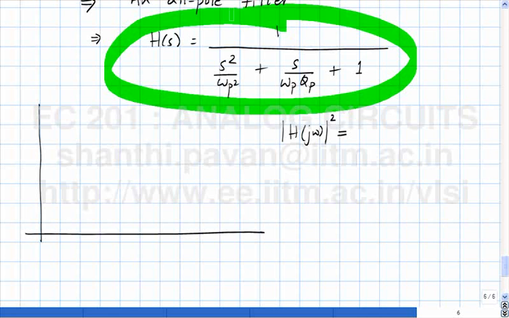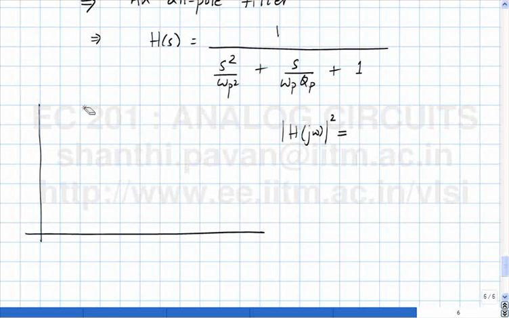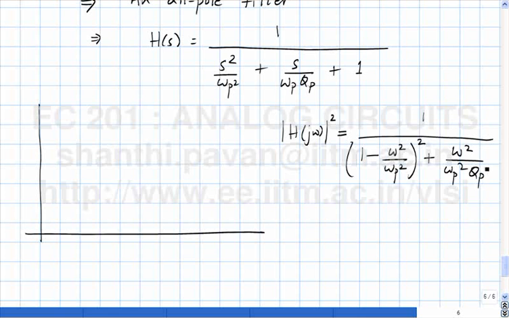In filter parlance, it's a second order low pass filter, and to be more specific, a second order all pole low pass filter. So what is the magnitude response? It's 1 by (1 minus omega squared by omega_p squared) the whole squared plus omega squared by omega_p squared Q_p squared.